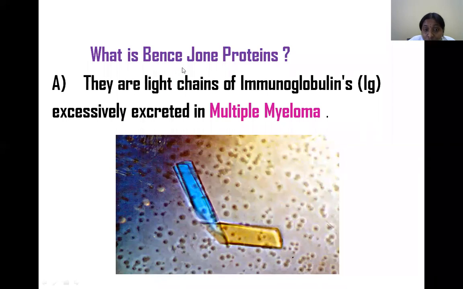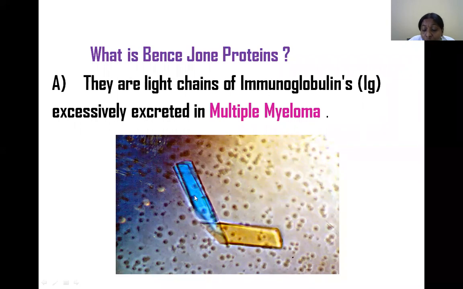What are Bence Jones proteins? They are the light chains of immunoglobulins excessively excreted in multiple myeloma. The image of the slide shows light chains of immunoglobulins excreted in multiple myeloma, nothing but Bence Jones proteins, seen on urine examination.